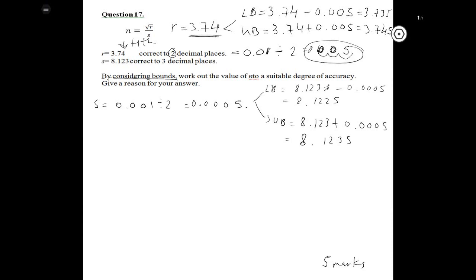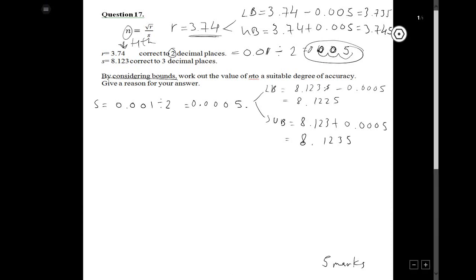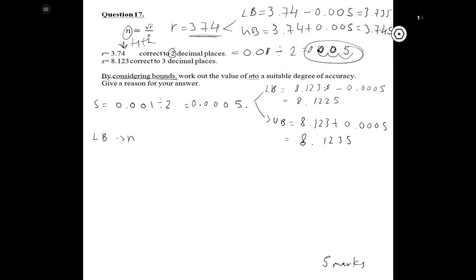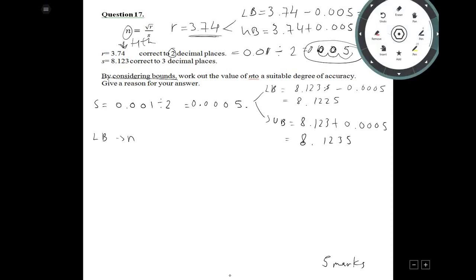So we have to work out the upper and lower bound for n now. To work out the lower bound for n, what you're looking for is a combination of upper and lower bounds that is going to give you the smallest possible value for n. So I need to have a think about this one.